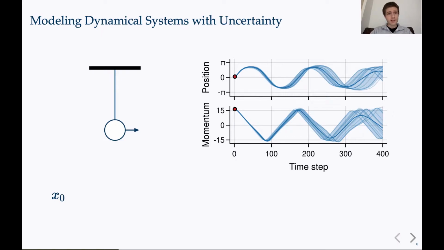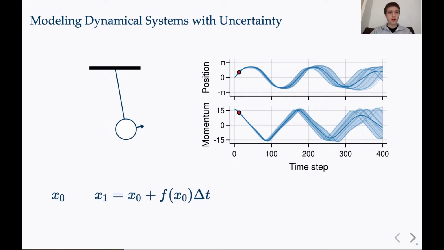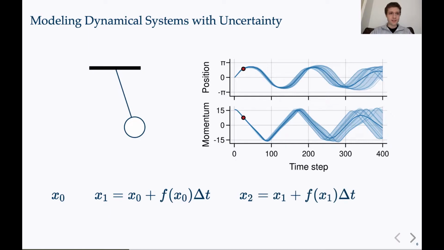We forecast one time step ahead, producing a probability distribution for where the pendulum might be. We then propagate this uncertainty one more time step forward, forecasting two time steps ahead, and repeat this process iteratively. This gives us a probability distribution over possible trajectories of motion given the data we have seen so far.